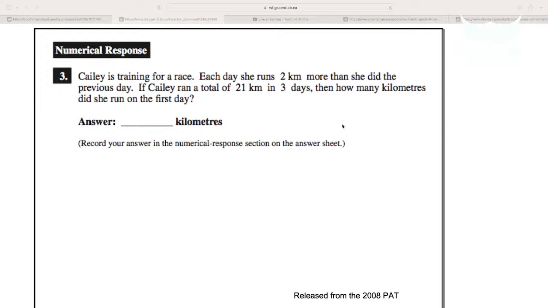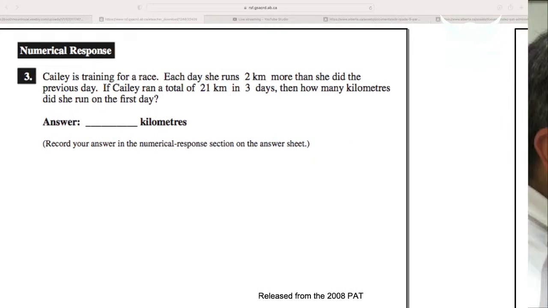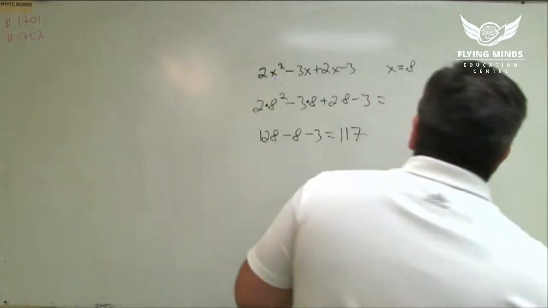Kaylee is training for a race. Each day she runs 2 kilometers more than she did the previous day. If Kaylee ran a total of 21 kilometers in 3 days, then how many kilometers did she run on the first day? Easy, right?